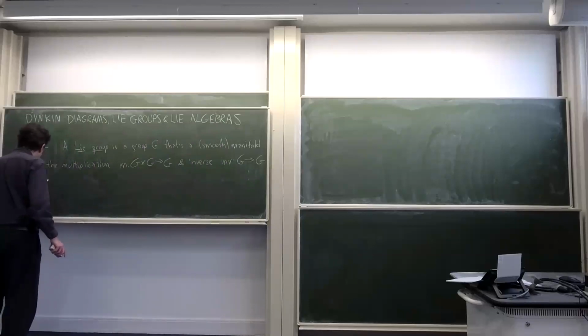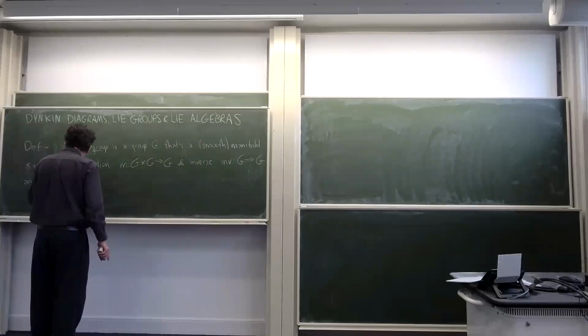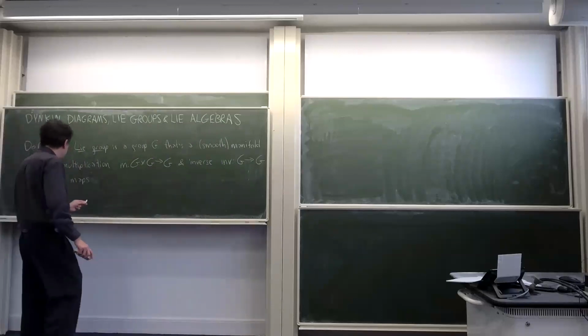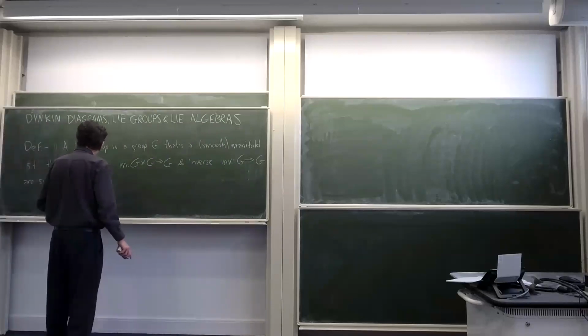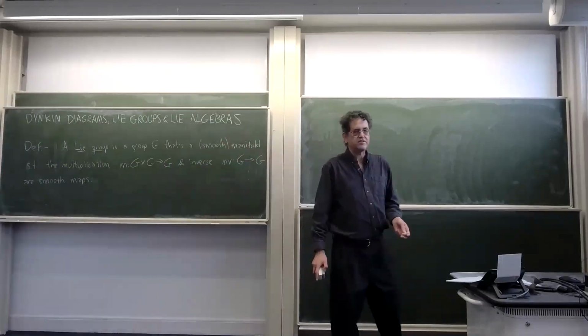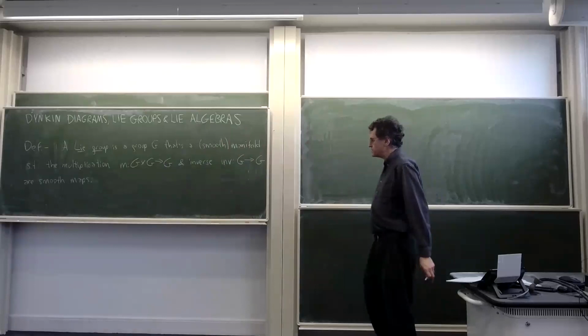So smooth maps, infinitely differentiable maps, are the nice kind of maps between smooth manifolds, and that's basically what you mean when you say a Lie group is a group in the category of smooth manifolds.